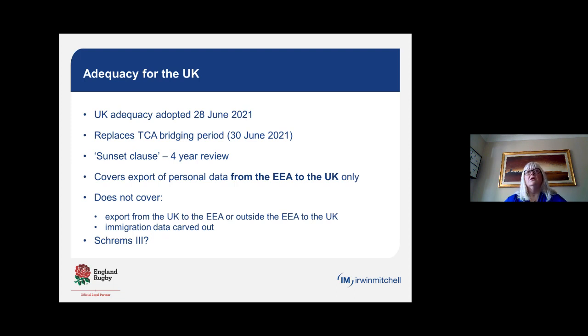That's not the case. It also doesn't cover transfer from the UK to the EEA. An adequacy decision is not currently needed as such, because the government have said for the time being that's perfectly fine. So there isn't a formal adequacy decision issued by the ICO on that. So it is very limited in scope from a geographical point of view.